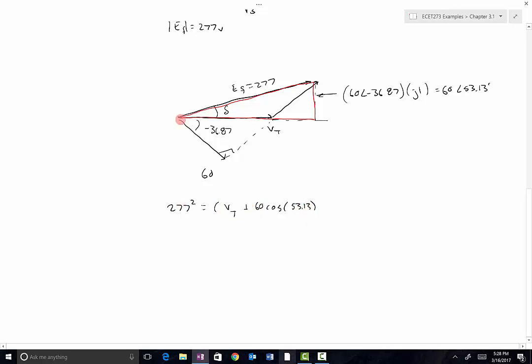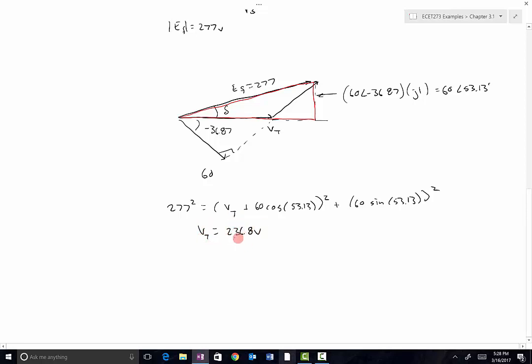I need to square that because it's Pythagorean's theorem, and then I need the height of the triangle, which is 60 times the sine of 53.13 degrees, squared. So I need to solve that equation to get VT. So 277 squared minus this squared, take the square root of it, and then subtract off 60 cosine of 53.13. You'll find out that your terminal voltage is 236.8 volts.